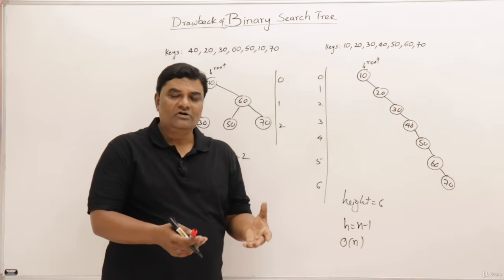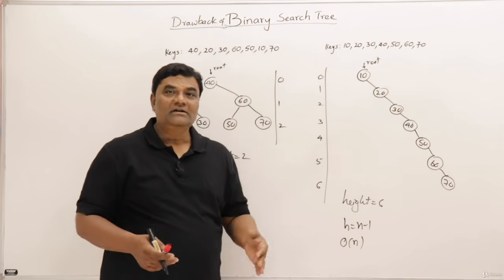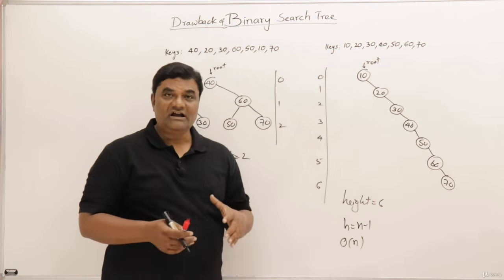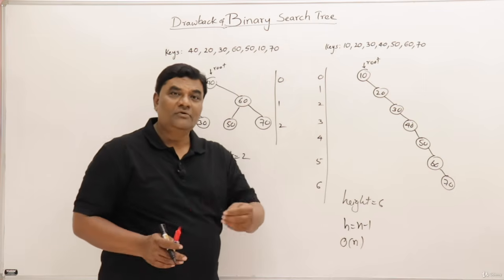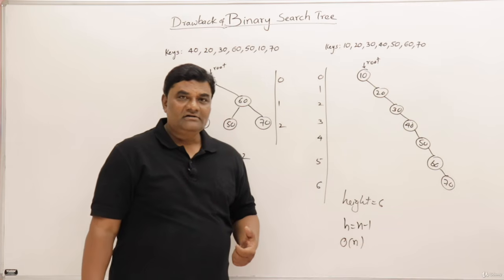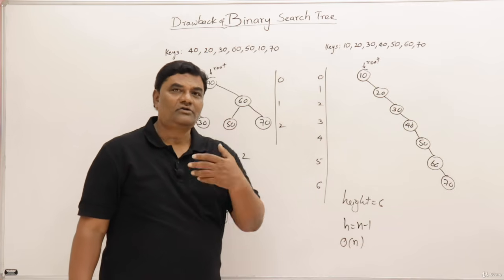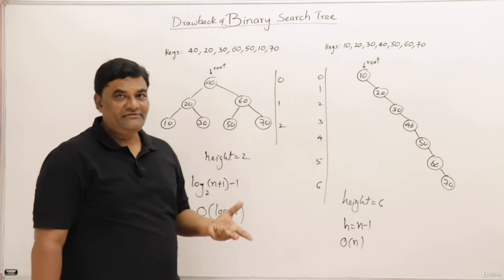Can you control the order of insertion? No. Why? See, I am writing a program for binary search tree, and that application, that program, you are going to use it. You are a user, right? Now, how can I control you to give the values properly so that a minimum height is formed?